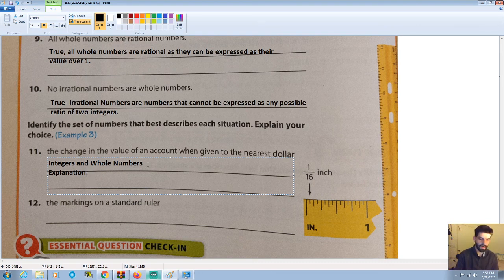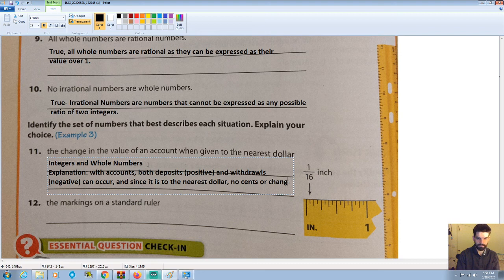But the explanation is that with accounts, both deposits, which are positive, and withdrawals, which would be negative, can occur, and since it is to the nearest dollar, no cents or change will result, avoiding decimals.